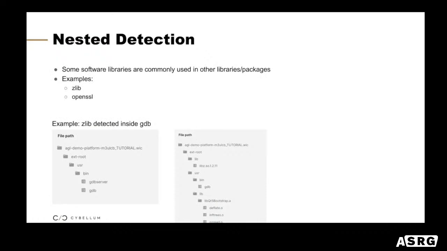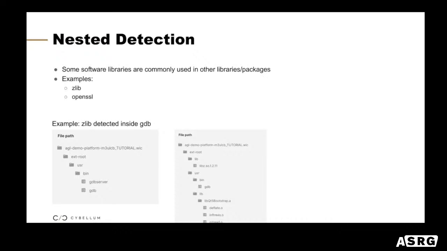Nested detection: it is very important to understand that packages may contain other packages because they are compiled together. For example, zlib and OpenSSL are commonly located in other components. Here, on the left side, there is a zlib that is detected inside the compilation of GDB.